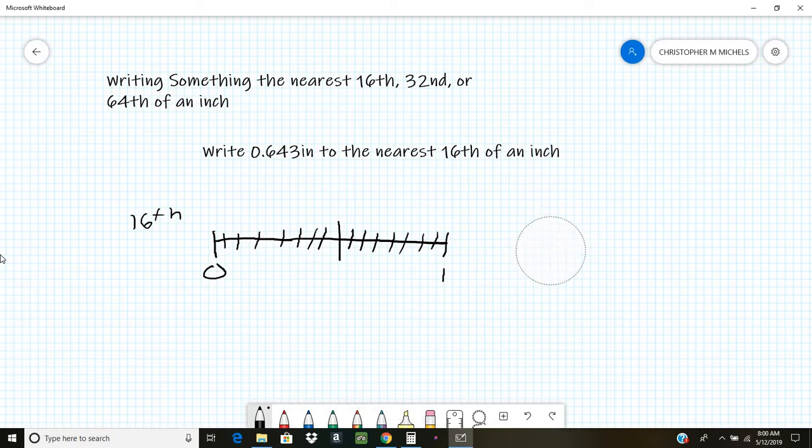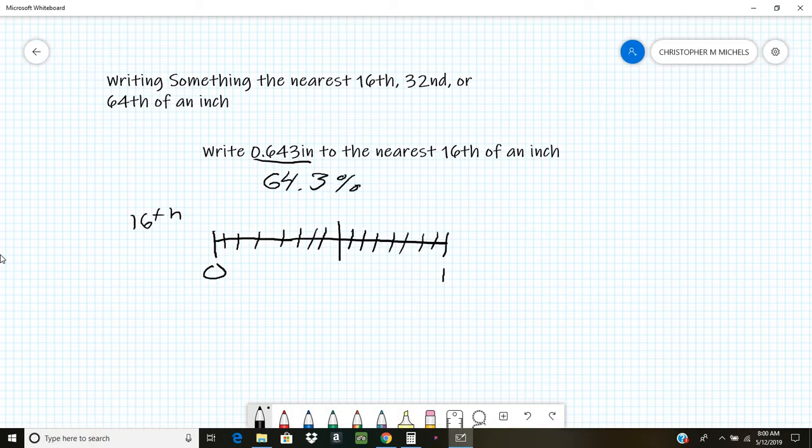So what we need to do is take this decimal and figure out which of these notches it's closest to. So we look right here, 0.643. Sorry, I'm a little dyslexic today. You can make a rough estimate of where that would be, because as a percentage, that's 64.3%.